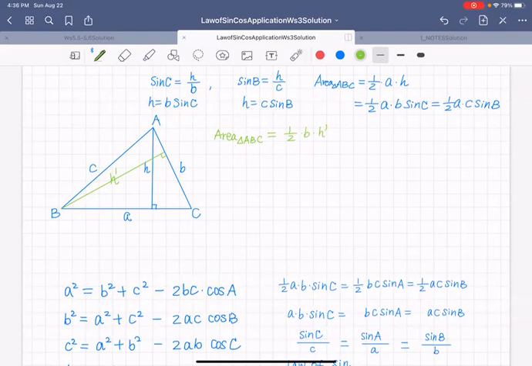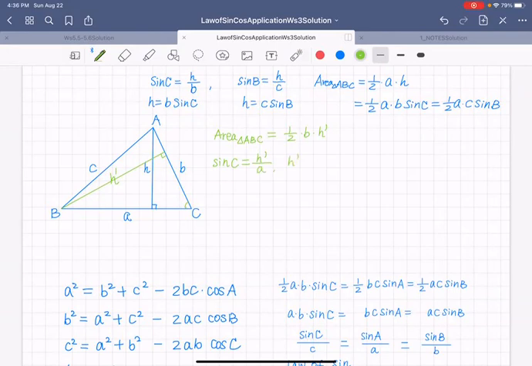Yeah, and then we are going to see here. Sine C is H prime divided by what? Divided by A. Very good. Opposite over hypotenuse.